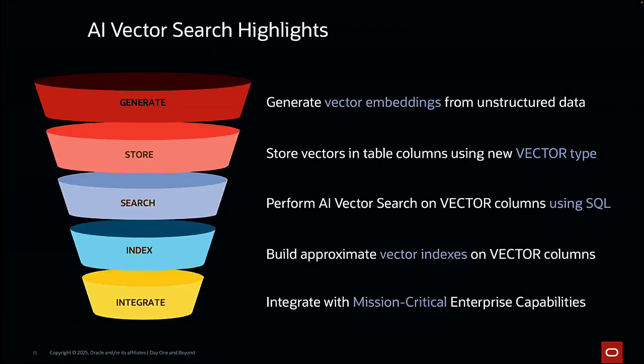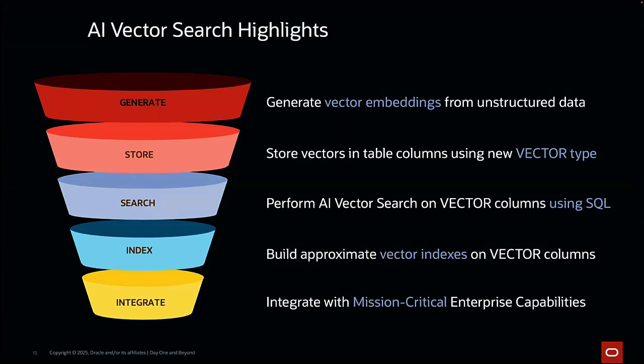Yeah, and that leads me to the next slide, which is the functionality that you need to consider when working with vectors. So first of all, to your point, Andy, you need to create these embeddings. It's not that you just store an object and all of a sudden you have a vector for it. You actually have to run the embedding model against the data to create or generate that vector.